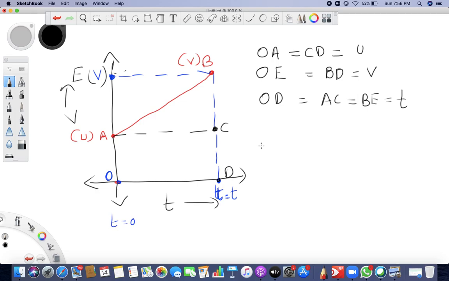If you understand this small logic, then the whole thing you can easily get. Please understand this very properly. O to A is velocity, since we are talking about a vertical line. Similarly, if you are talking about a horizontal line, it is the time axis. So O to C is time, right? O to C is time.